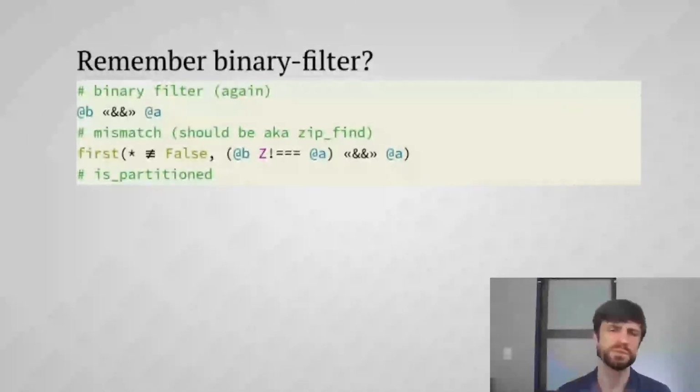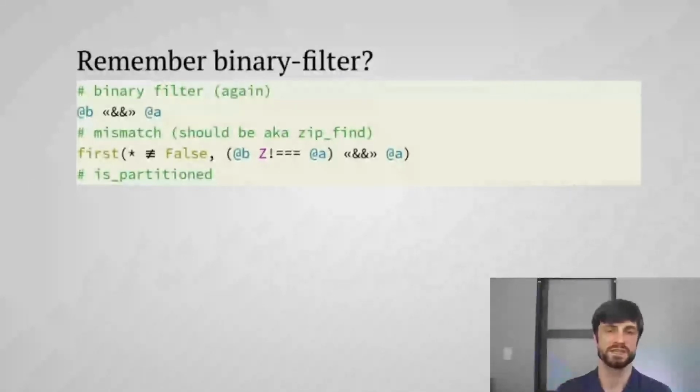Let me mention an example. If you wanted to ask whether a list is partitioned on the predicate less than 5, that would mean the front portion of the list has items that are less than 5, and the back portion, we don't know how much, has elements that are not less than 5.